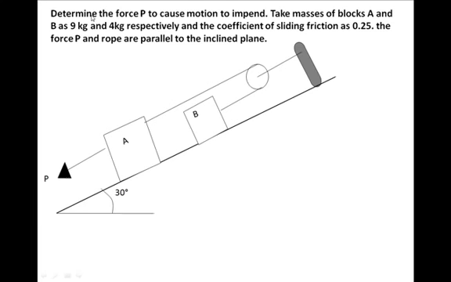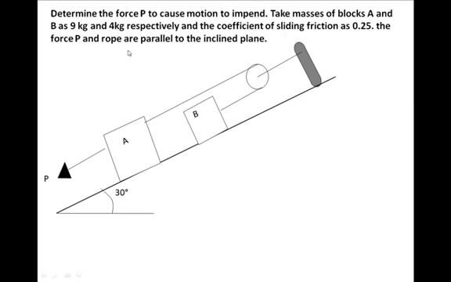It says, determine the force P to cause motion to impend. Means just get started. Take masses of blocks A and B as 9 kg and 4 kg respectively, and the coefficient of sliding friction is 0.25.